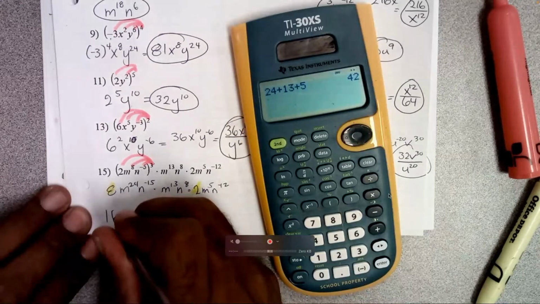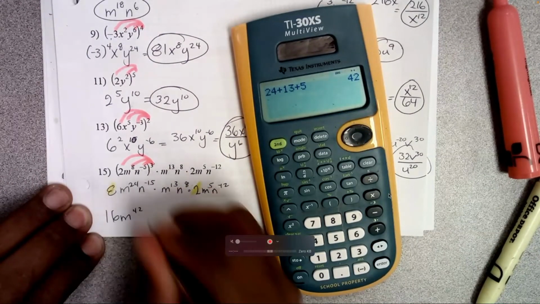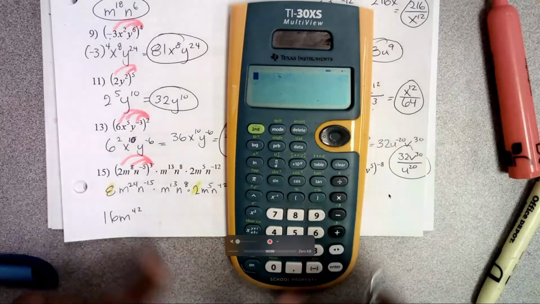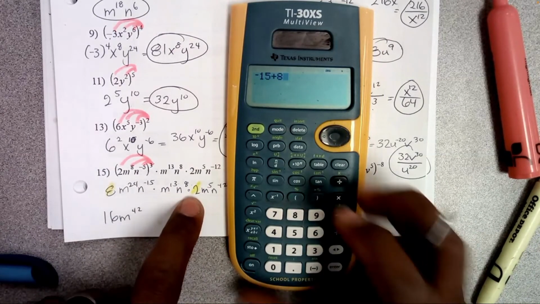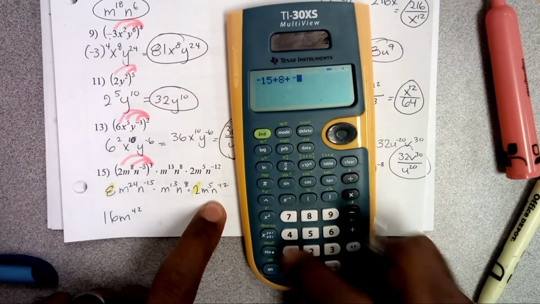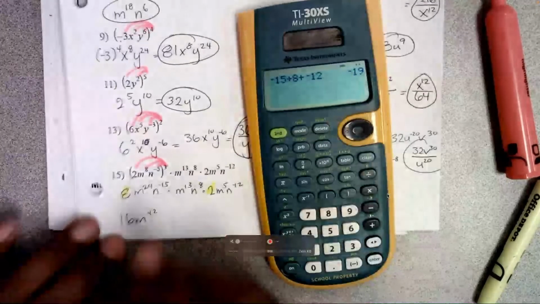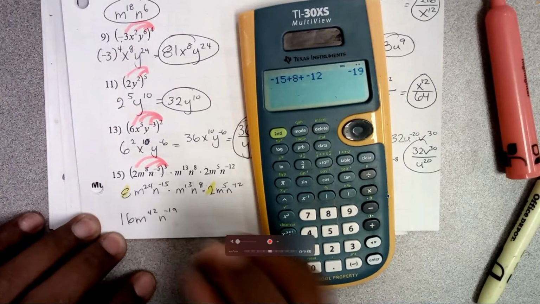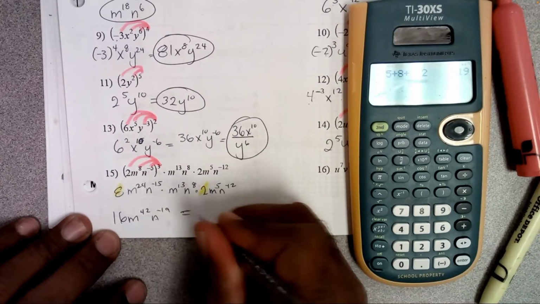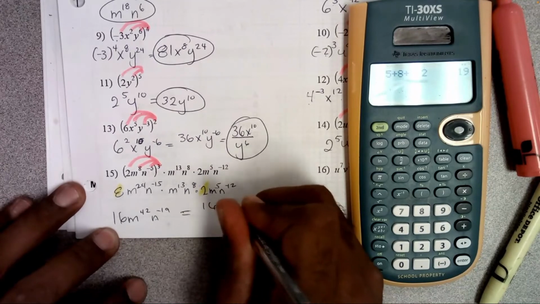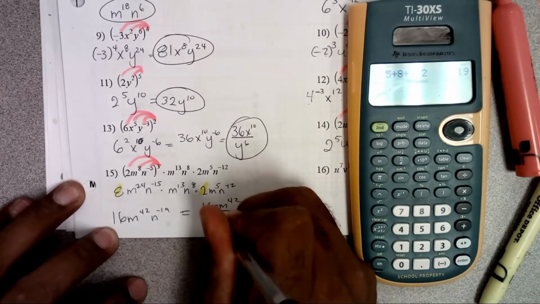So for m, that's going to be m to the power 42. Okay, and then for n, we've got negative 15 plus 8, and then plus negative 12, that's negative 19. Okay, and then you can see that we've got a negative, so now we just need to move that one down to the denominator.